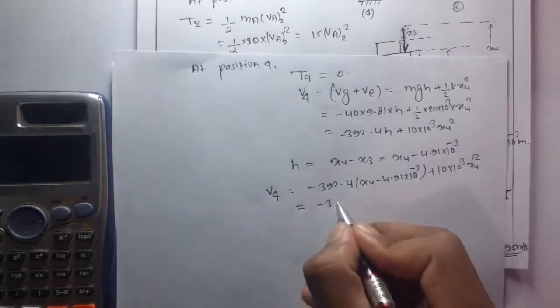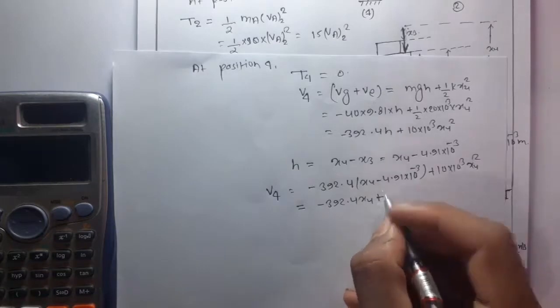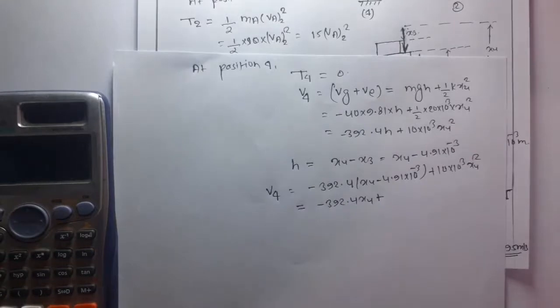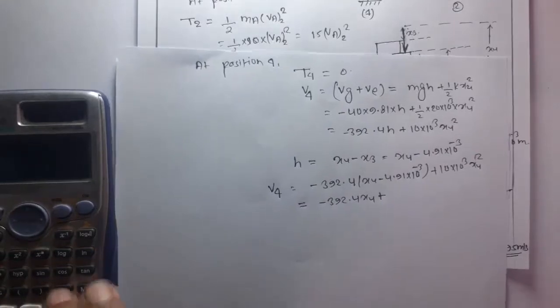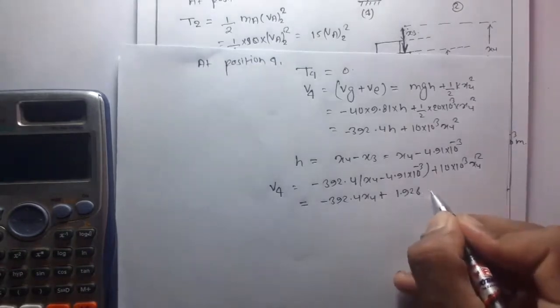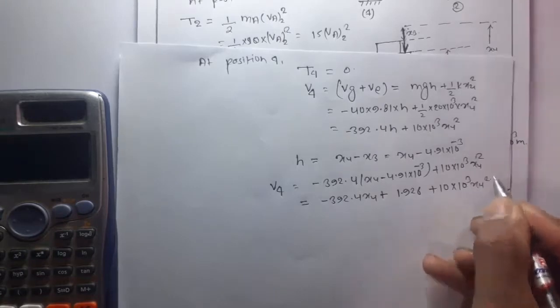So this gonna be minus 392.4 x4 plus 1.926 plus 10 into 10 to the power 3 x4 square.